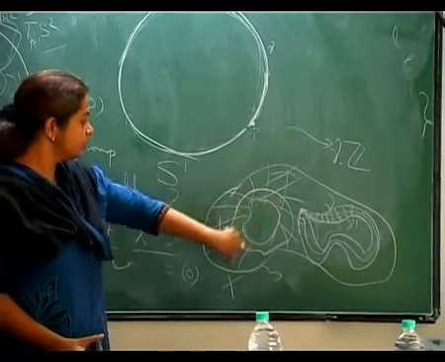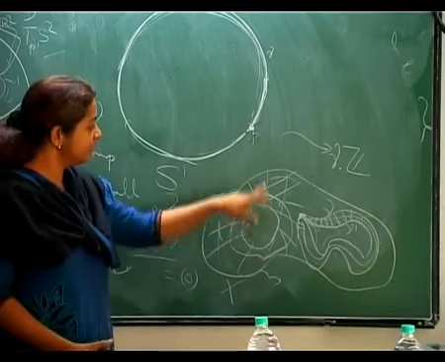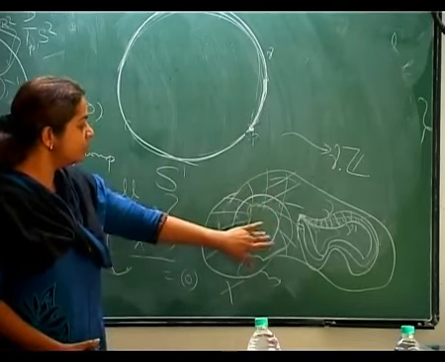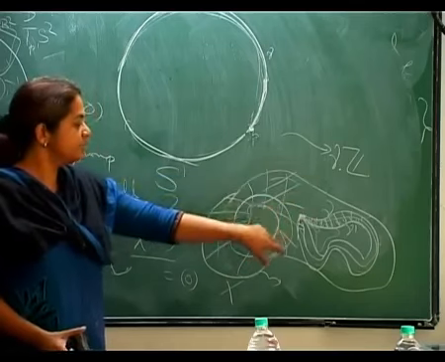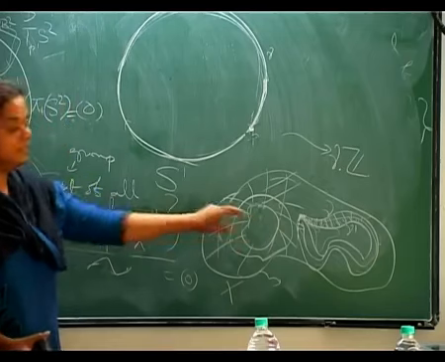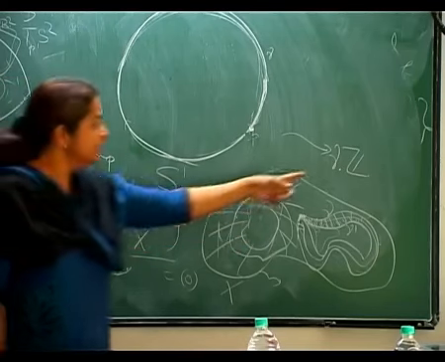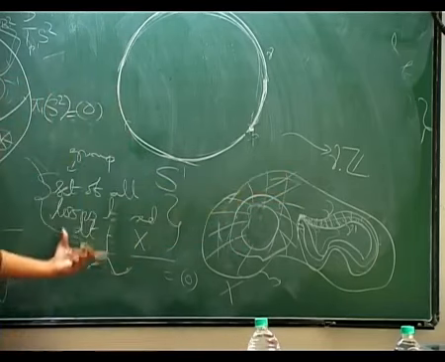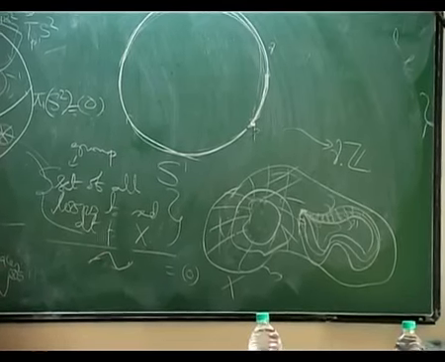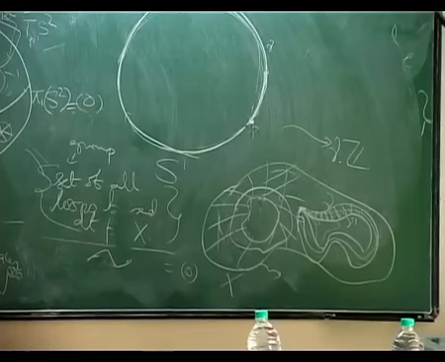That's why such loops exist, and one can check that the pi 1 of this space where this area is removed is still going to be Z, because the loops which go around this empty space qualify to be elements in this quotient here. Okay, so this is what the fundamental group captures.